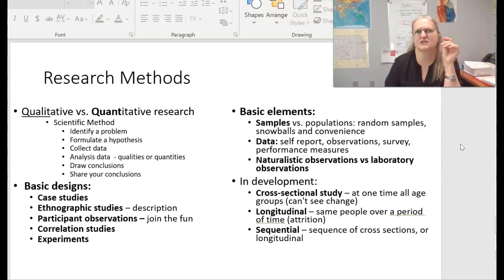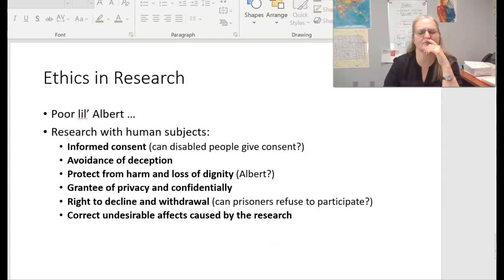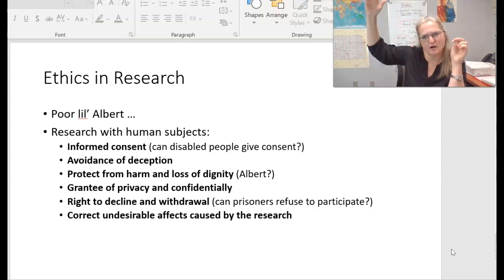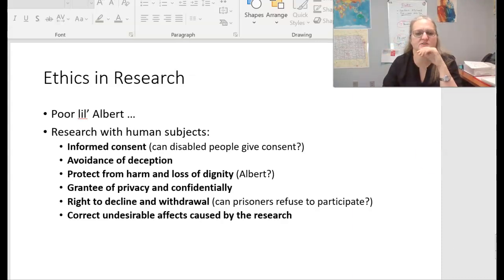Quantitative is when I can precisely count something. I'm trying to think of a good example. I think your textbook talks about the difference between the number of teeth a child has, which would be a quantity, versus quality, which would be how big you are, how tall you are. Quantity would be how many teeth. Anyway, there are no quiz questions about that.